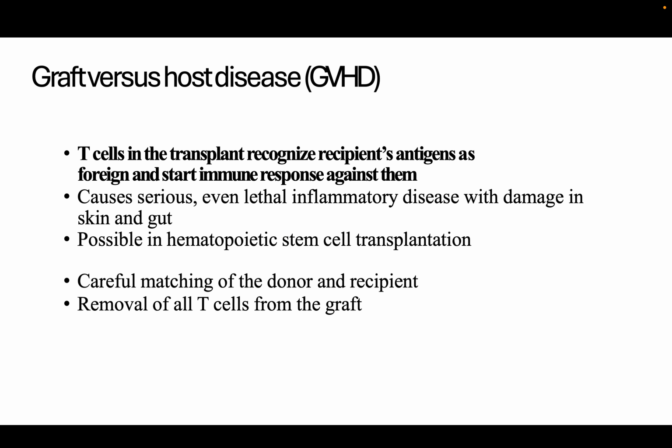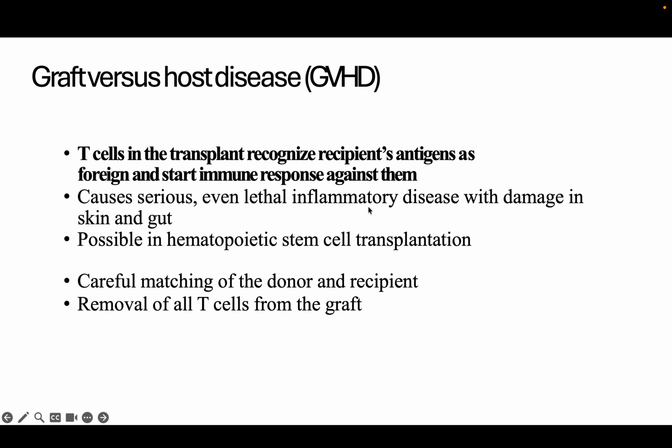This is mostly T cells. These are T cells in the transplant that are recognizing us, the recipient, as foreign. This is extremely dangerous, because imagine I get a kidney, and the kidney has T cells that are proliferating and going into my body and killing my body because of things that they don't recognize.